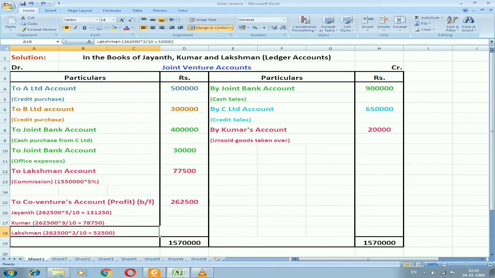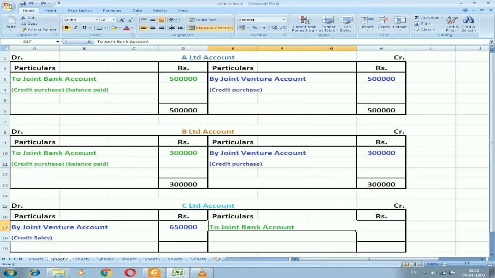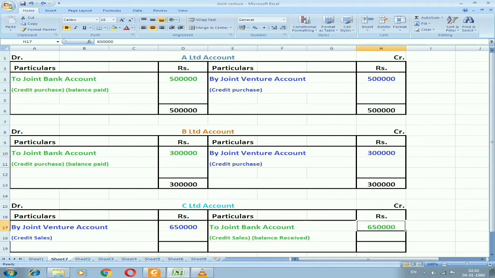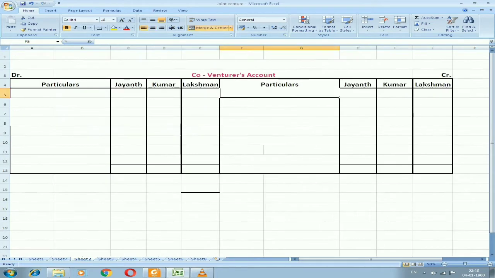Other than that, one entry is related to C Limited, but it is not in the name of the C Limited account. You can see on the debit side, joint bank account, cash purchase from C Limited. It is not related to the C Limited account. That is the reason we are not taking it. The final settlement will be done through the joint bank account. So on the credit side, the total will be 6,50,000.